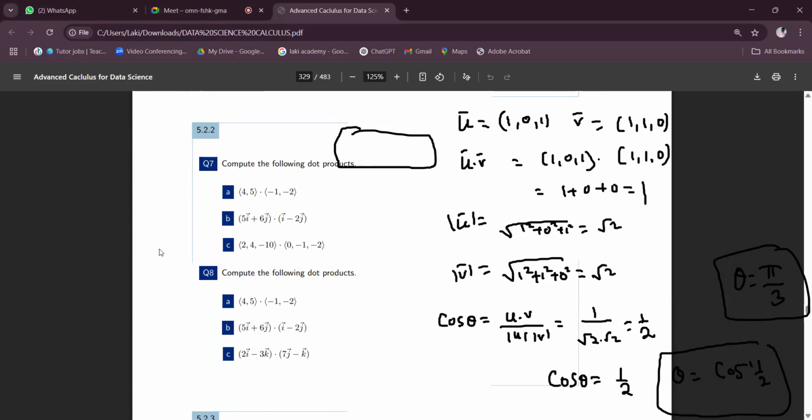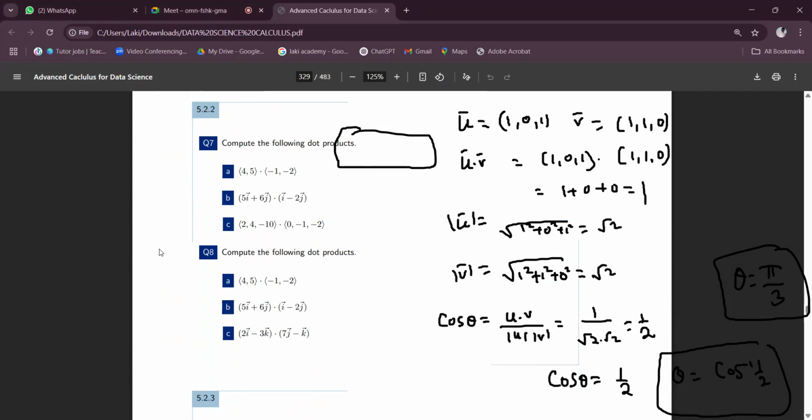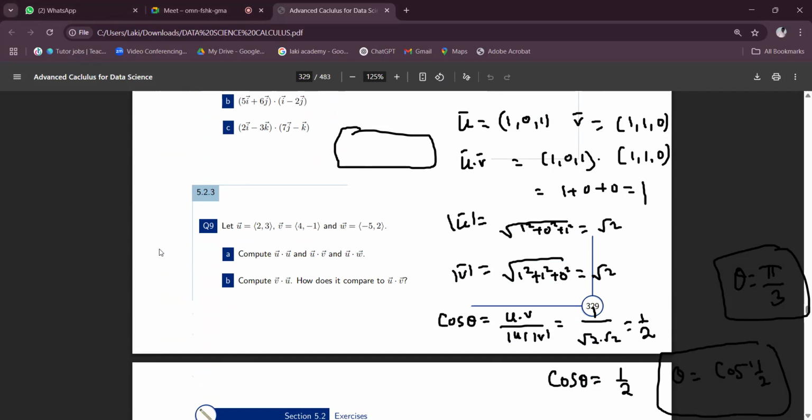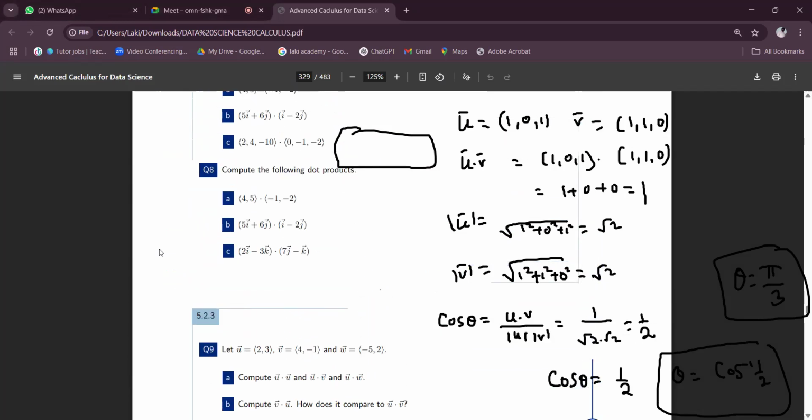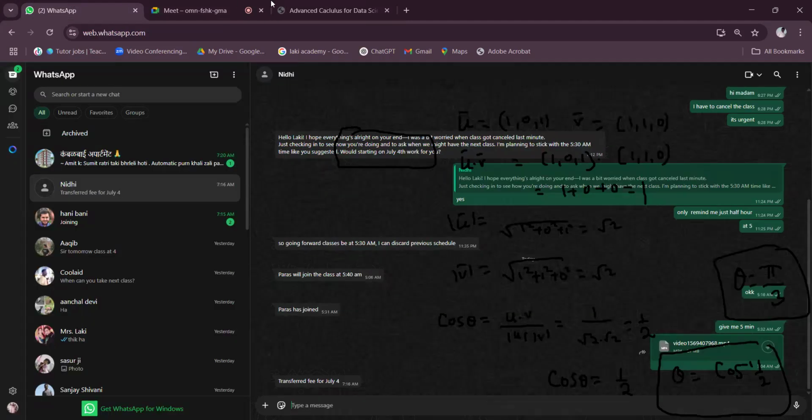Can you tell the value of part C? We are talking about the multiplication. We have the x component first, and the z component, then we have the y component and z.